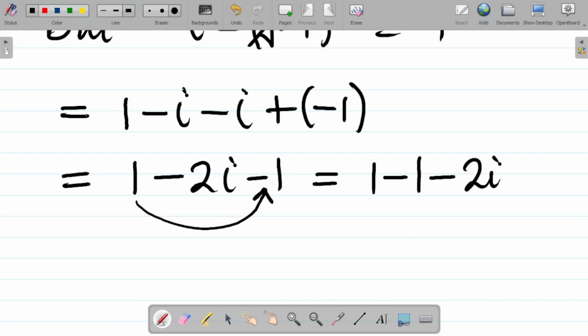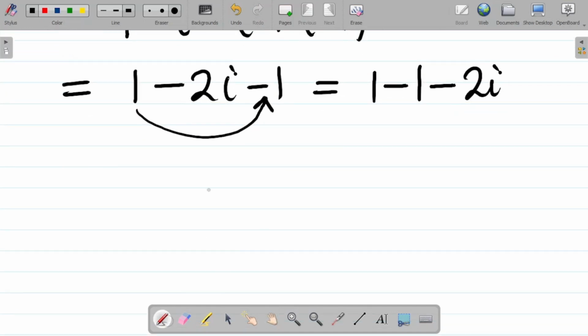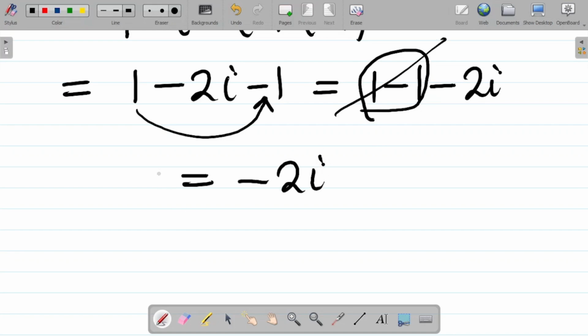So this is now equal to 1 minus 1 gives you 0, so that one is off. I'm left with minus 2i. Don't forget, this was the expansion of 1 minus i all squared. So we have that 1 minus i all squared gives you minus 2i.